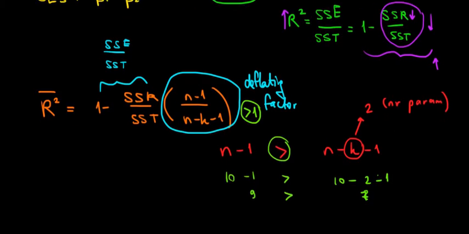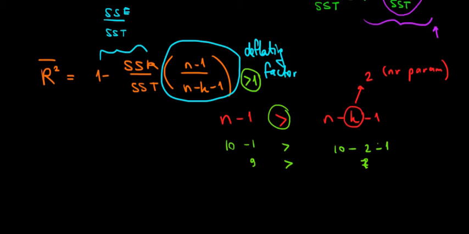If we have 1 minus this ratio over here multiplied by a value higher than 1, then we are subtracting from 1 a greater number than we had. So we're subtracting SSR divided by SST multiplied by 1 point something, let's say 1.2 for instance.